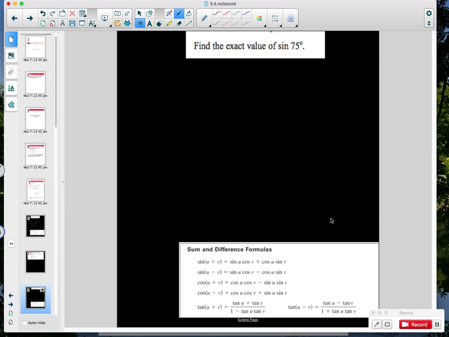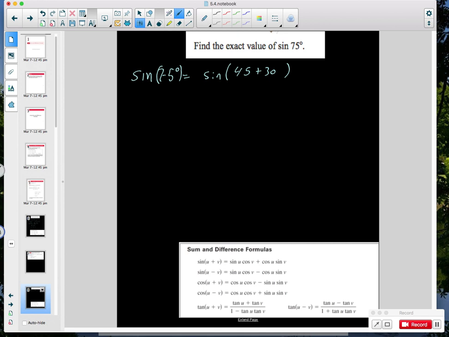So sine of 75 degrees will become sine of what, Declan? Sine of 45 plus 30. That's it. So it's now the sine of the sum, the first formula.